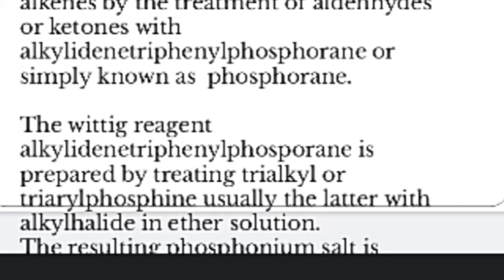The Wittig reagent, alkylidene triphenyl phosphorane, is prepared by treating a trialkyl or triaryl phosphine with alkyl halide in ether solution. The resulting phosphonium salt gives the triphenyl phosphorane.